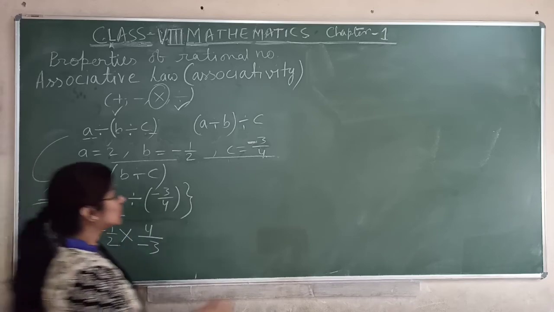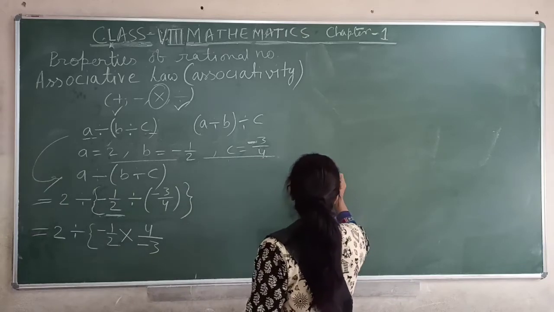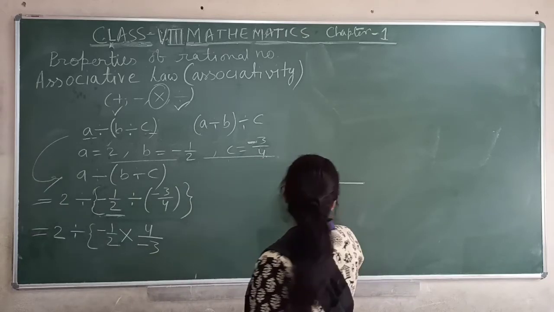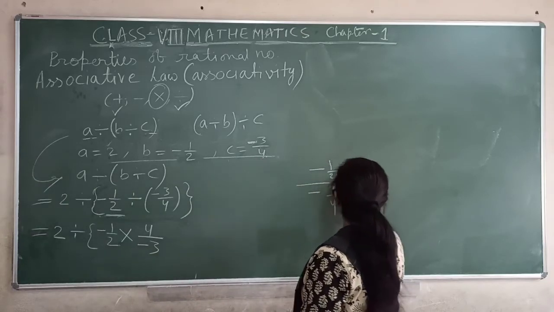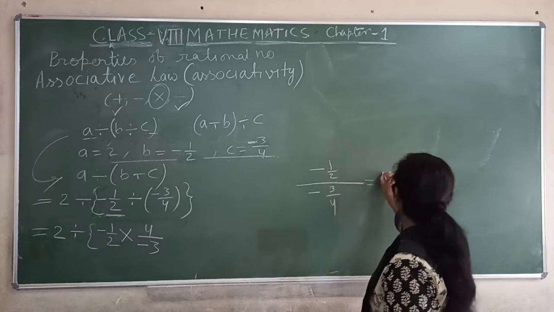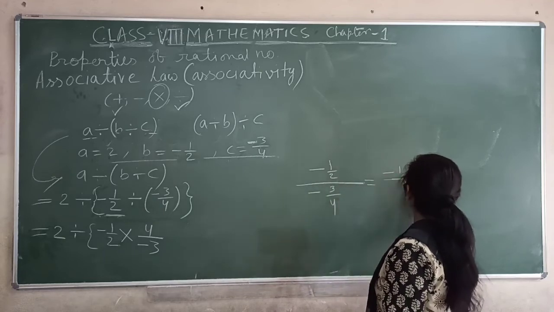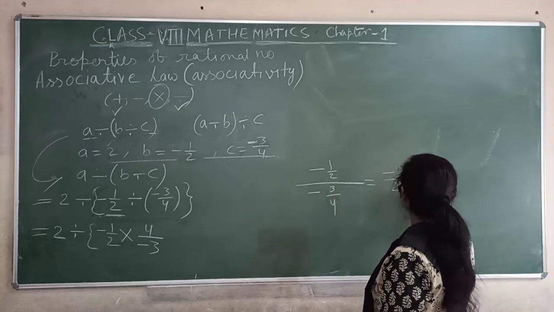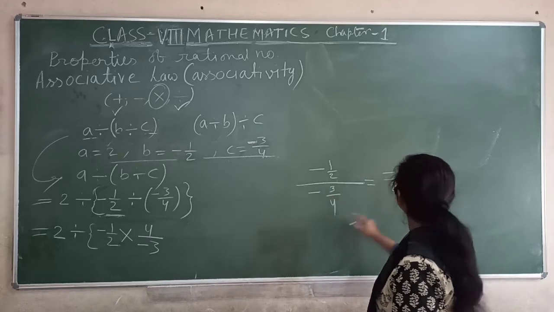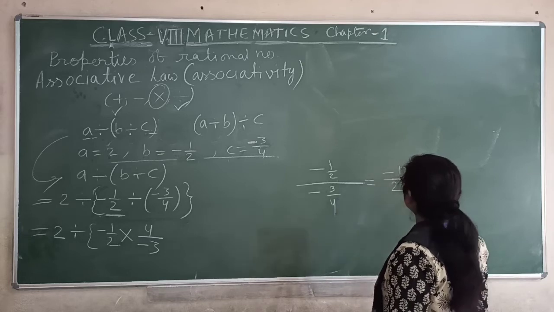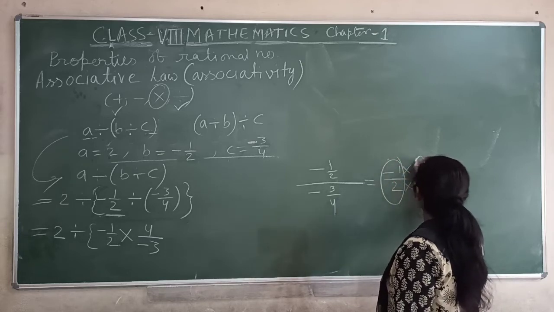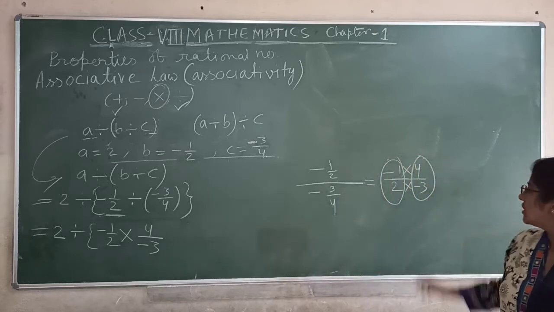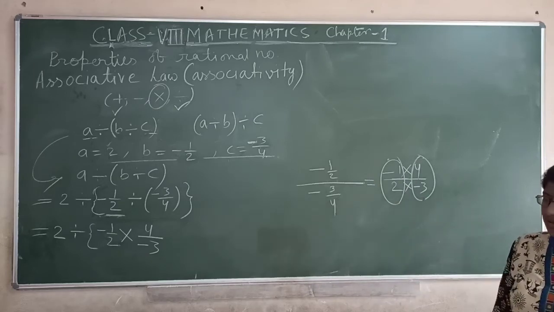Okay. If you do like that, it will be minus 1 upon 2 divided by minus 3 by 4. How will we write this one? Minus 1 upon 2, and this 3 is already in the numerator, so this one stays here and this 4 goes upside. First one remains as it is, the second one changed to its reciprocal.